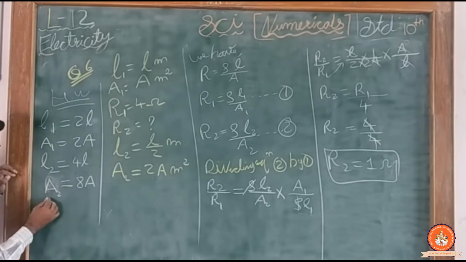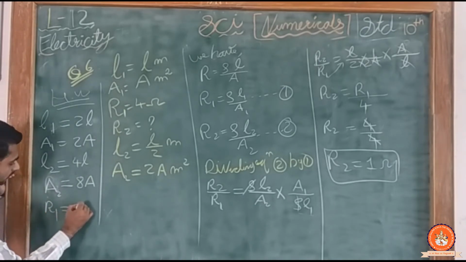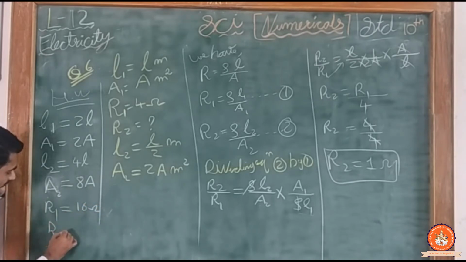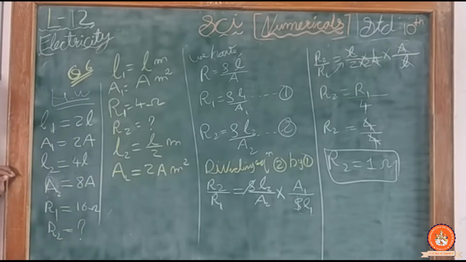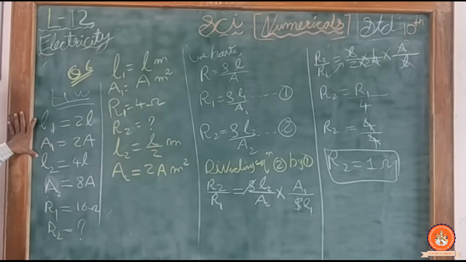Clear? Now I am giving the value of resistance R1, that is 16 ohm, and you have to find the value of R2. I had given the value similar according to this sum only. You have to solve this sum which I am giving you as homework. Write down from this board so we can move forward.